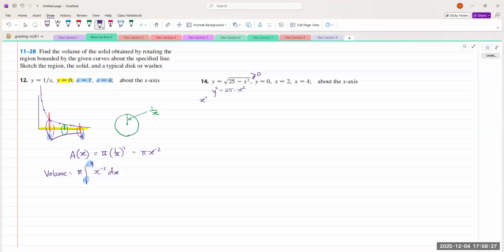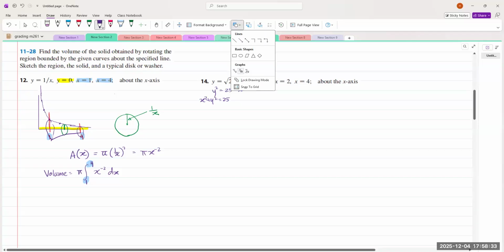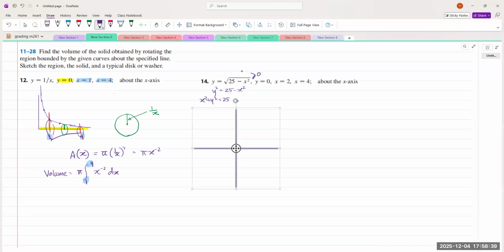This is x squared plus y squared equals 25. So it is actually a circle with radius 5, but we only take the portion where y is non-negative, to be more precise.